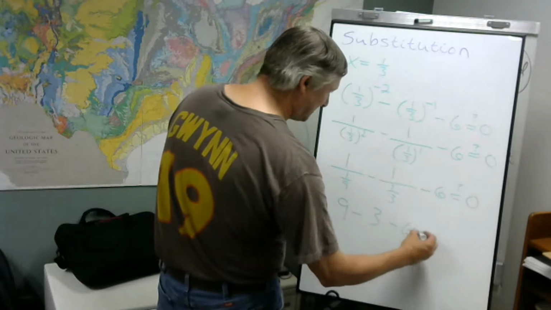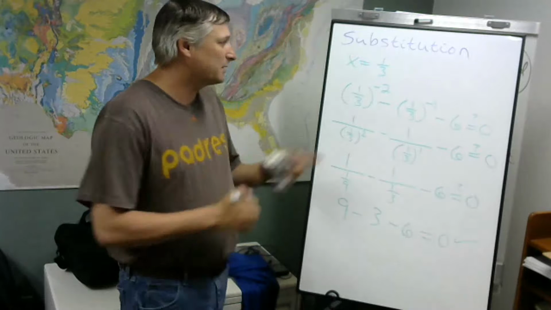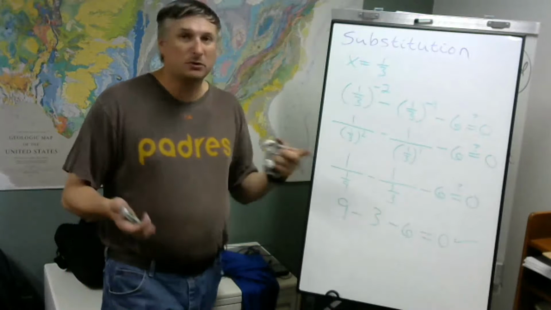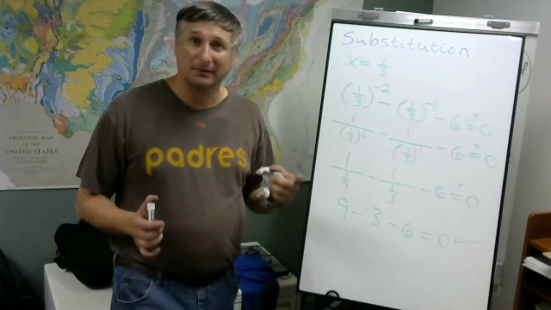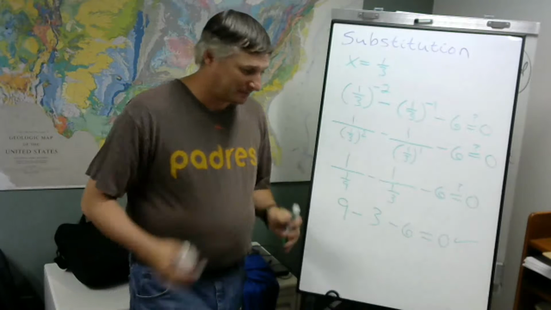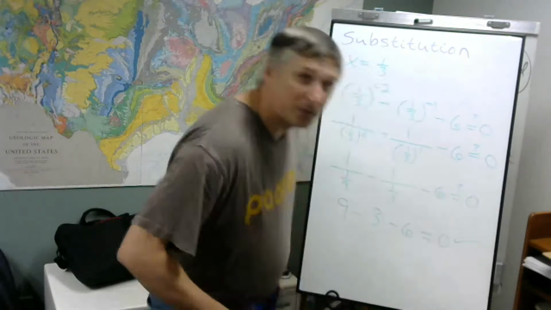And if you subtract 6, that does equal 0. So it does work. But I just wanted to go through and review a little bit what these negative exponents mean. If you have any questions about those, let me know. All right. Let's do one more substitution.